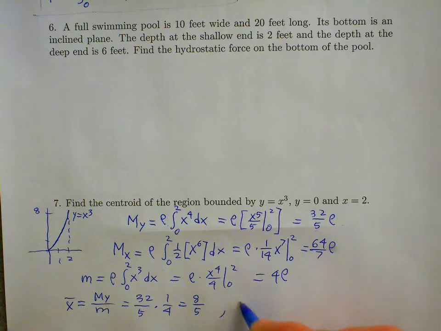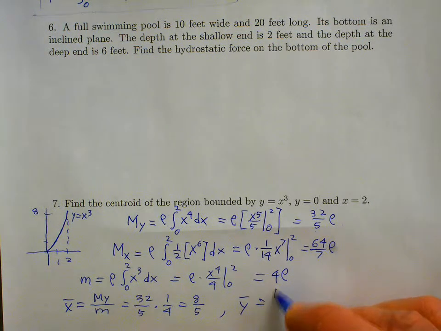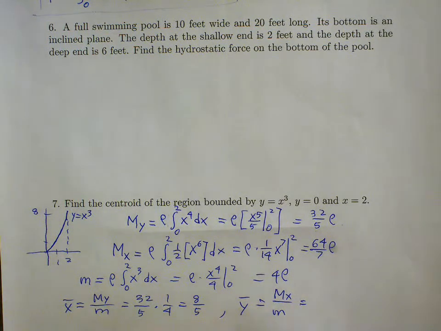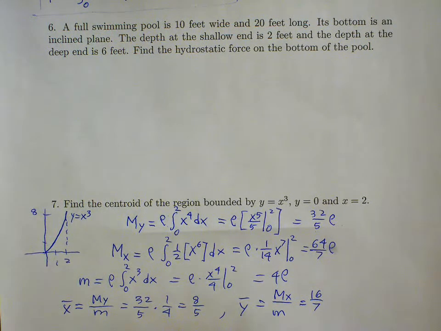And then the y-coordinate of the centroid is the moment about the x-axis divided by the mass. So 64 over 7 rho divided by 4 rho, the rho's cancel, and we're just going to get 16/7 when we simplify it.